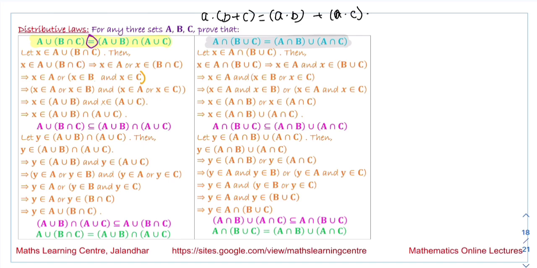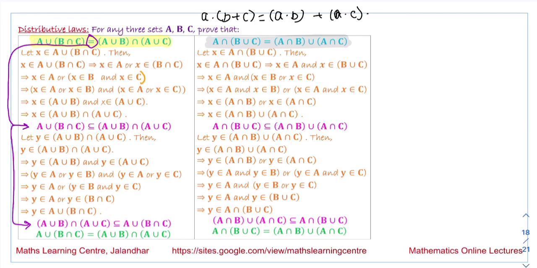So how are we going to prove the equality over here? Again, to prove this equality we have to prove two things: first, that the first is a subset of the second, and in the second part, that the second is a subset of the first. Combining these two results, we get that both these sets are equal to each other.